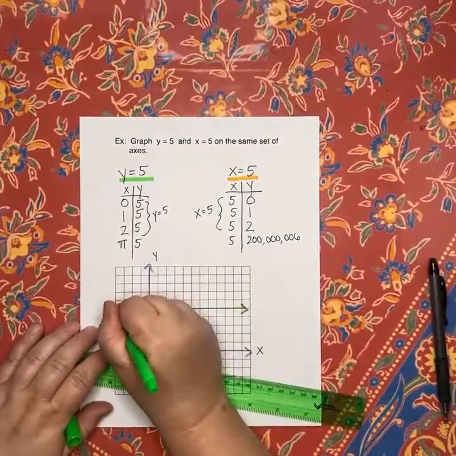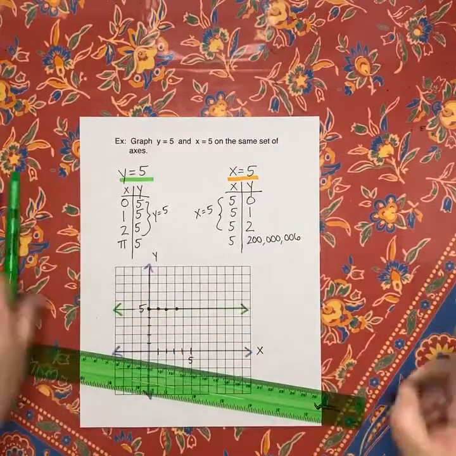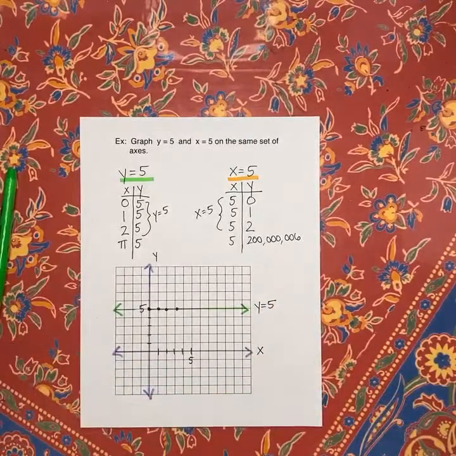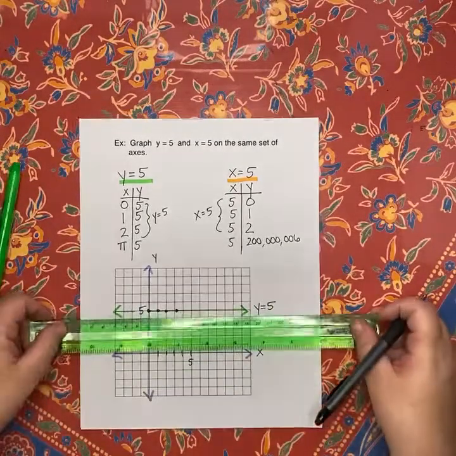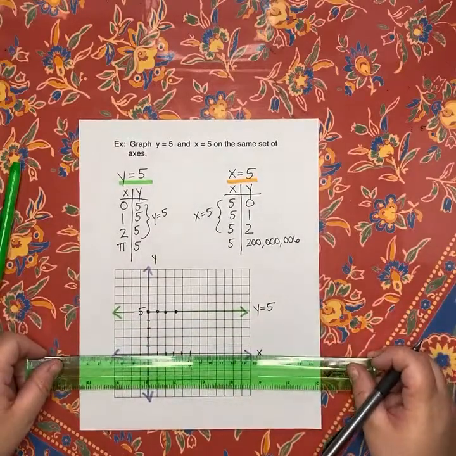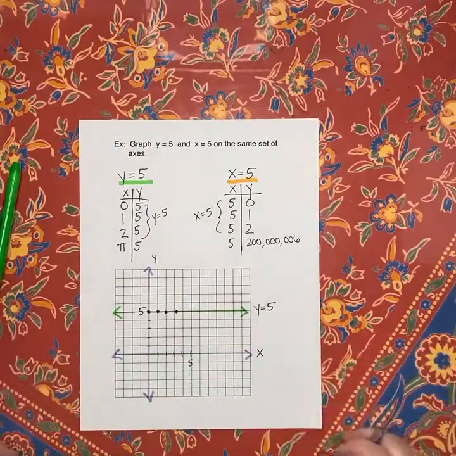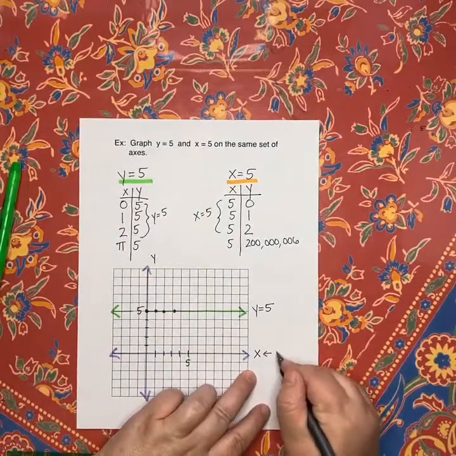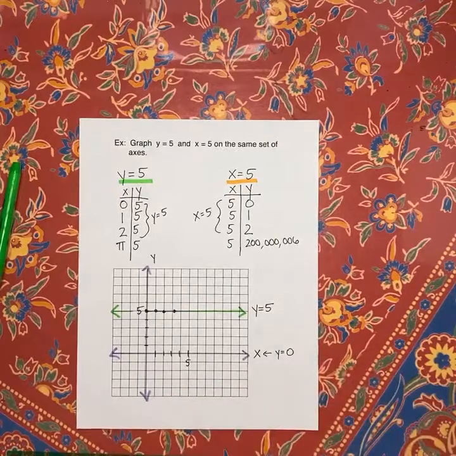Woohoo! Horizontal line. It's y equals 5. Notice that if it had been y equals 4, it would just be down 1. y equals 3, y equals 2, y equals 1. Interestingly, y equals 0 is the x-axis.